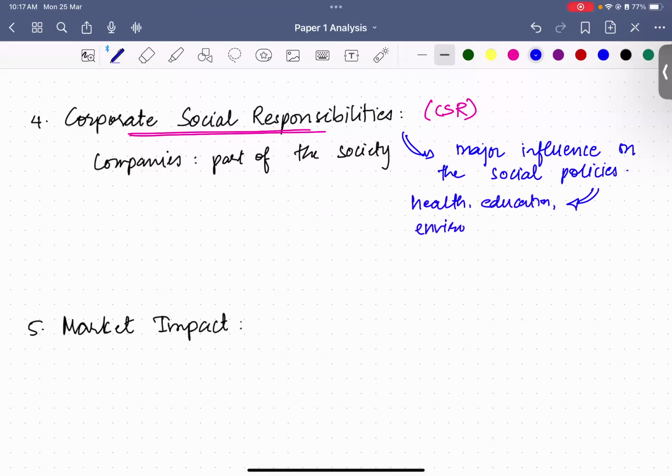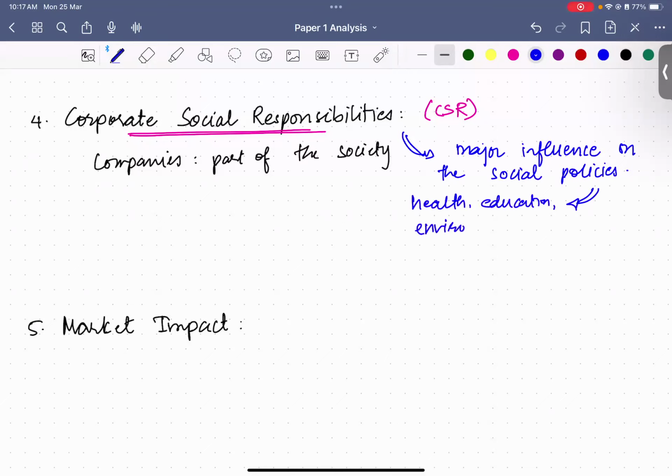Next, what else do the citizens demand? What else is their need? Collaborative governance. You might have heard of this concept, the steering and rowing role of the government. Now citizens today are tired of being at the passive end.